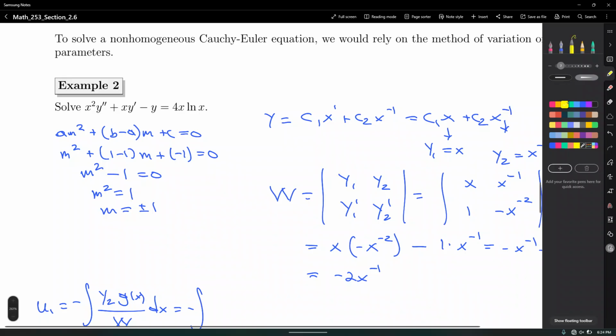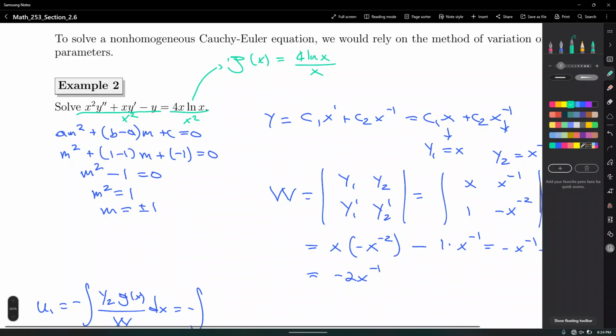What do we do in this case? Divide both sides by x squared. I don't care about the left-hand side. All I care about is g of x equals 4 ln x over x. And that's what we will input into the integrals.